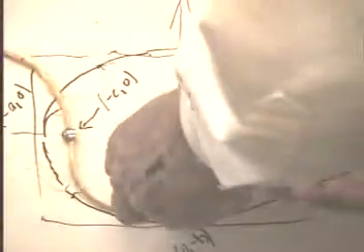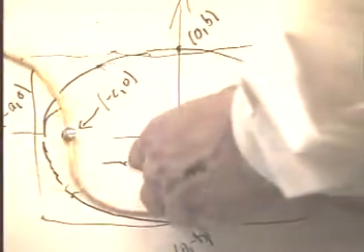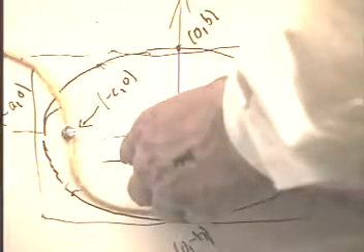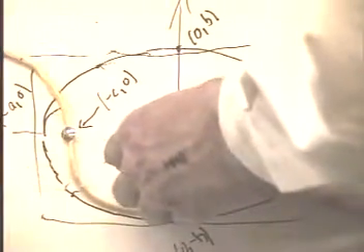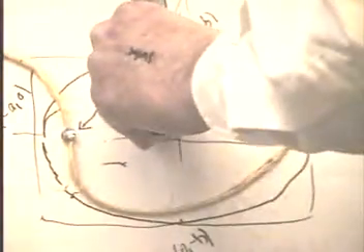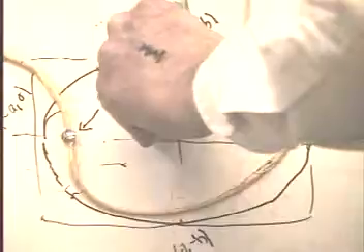Okay, now I'm just going to make a measurement here. It looks to me like a is 8.4 centimeters. c looks to be about 7.3 centimeters. And b appears to be about 6.5 centimeters.